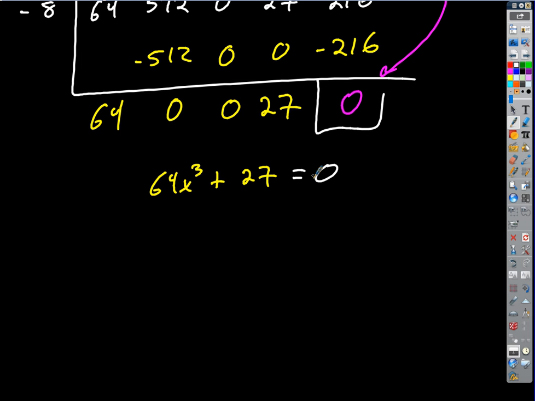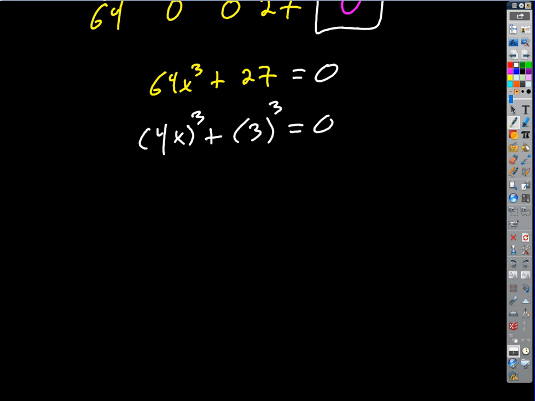Sum of cubes makes sense because I've got an x cubed and no x, so that's the only pattern that really would fit this at all. So can we write this as something cubed plus something cubed? Well, 27 is what cubed? 3. 64x cubed is 4x cubed, and so yes, this does factor using our pattern.